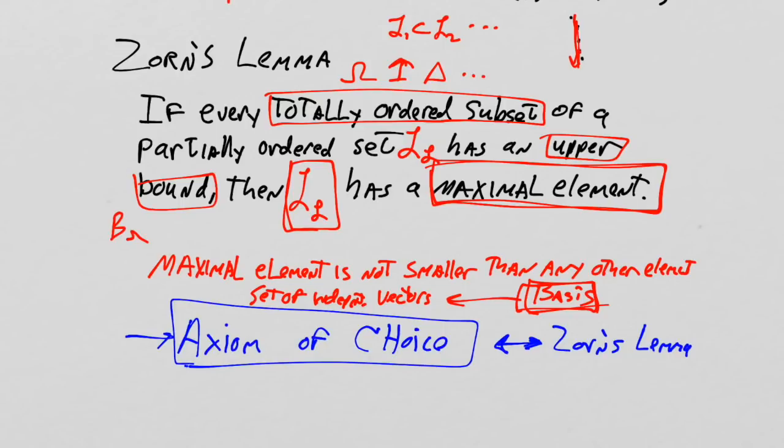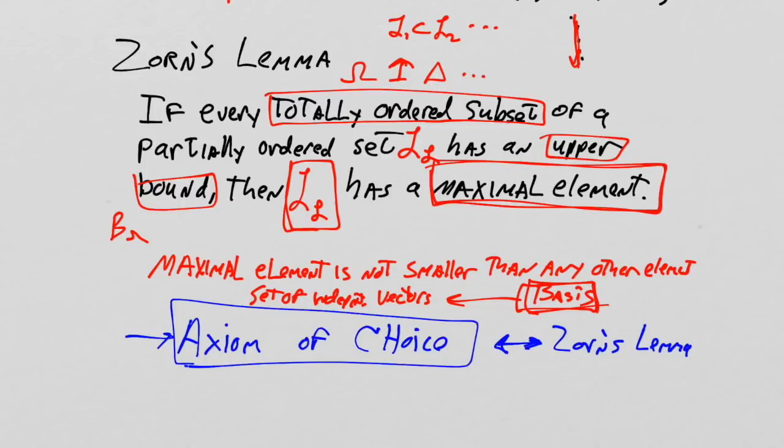But the point is that if you find the axiom of choice plausible, you should find Zorn's lemma a direct consequence of it. It's an interesting idea because the axiom of choice is quite simple to understand intuitively, but it leads to this idea through some step-by-step logic. So Zorn's lemma is generally accepted in the world of set theory, just as the axiom of choice often is.